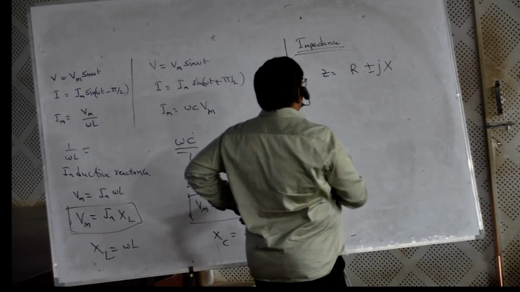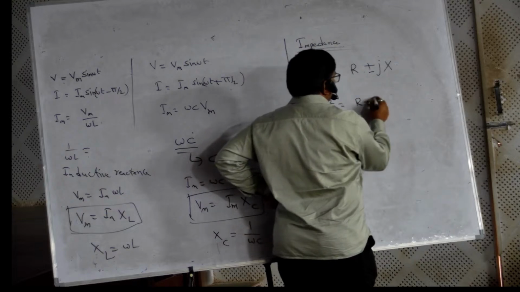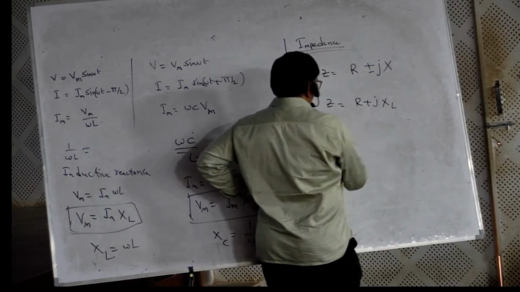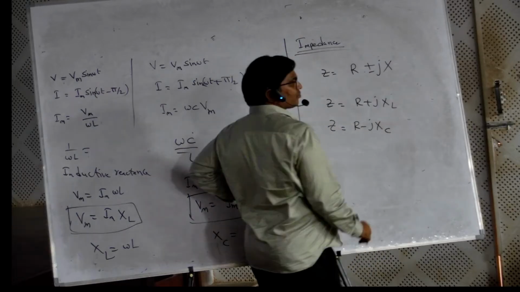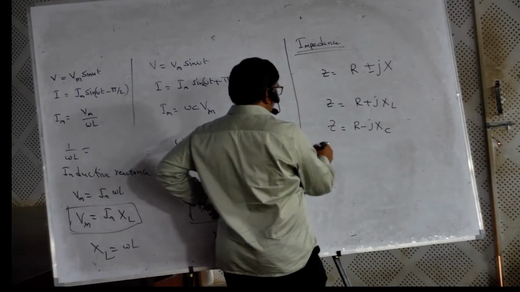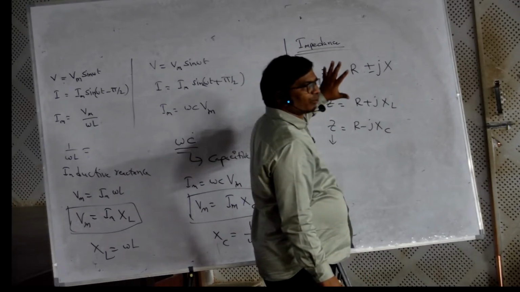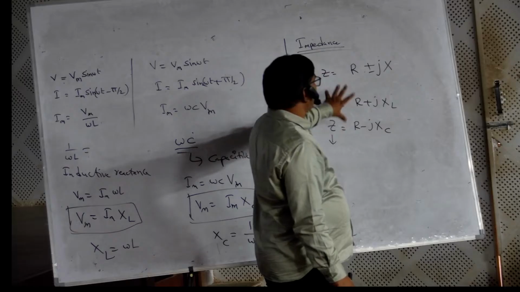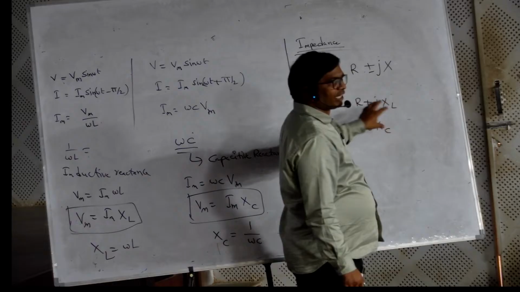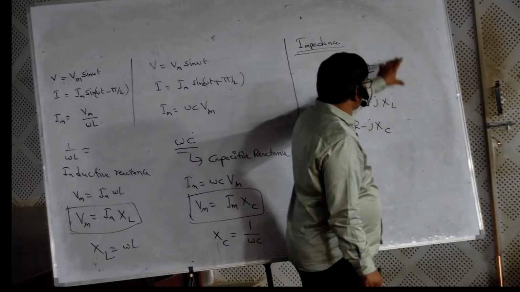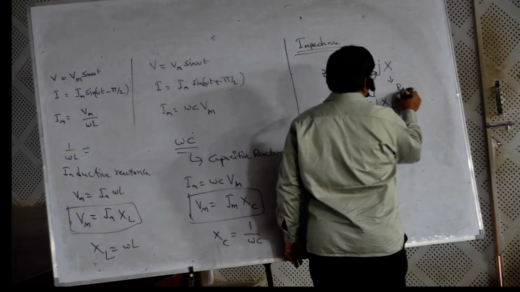Otherwise, Z is equal to R plus jXL, or Z is equal to R minus jXC. What is meant by impedance with respect to an AC circuit? Whenever a resistor with an inductor or a resistor with a capacitor is present, we have one more term called reactance. What is X here? X is nothing but reactance.